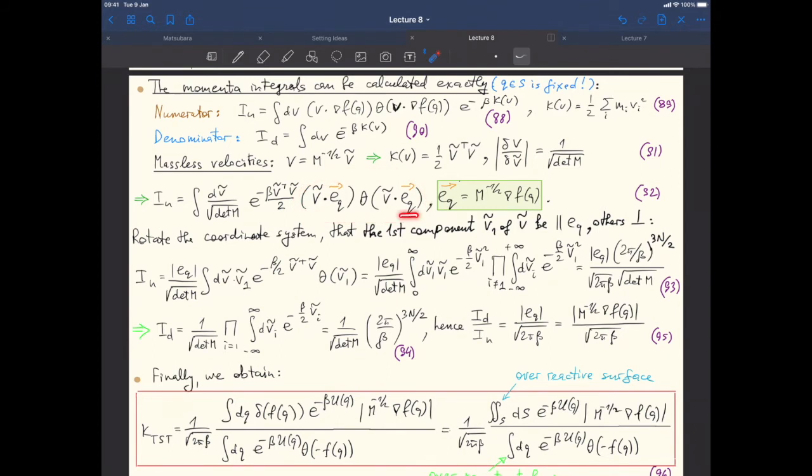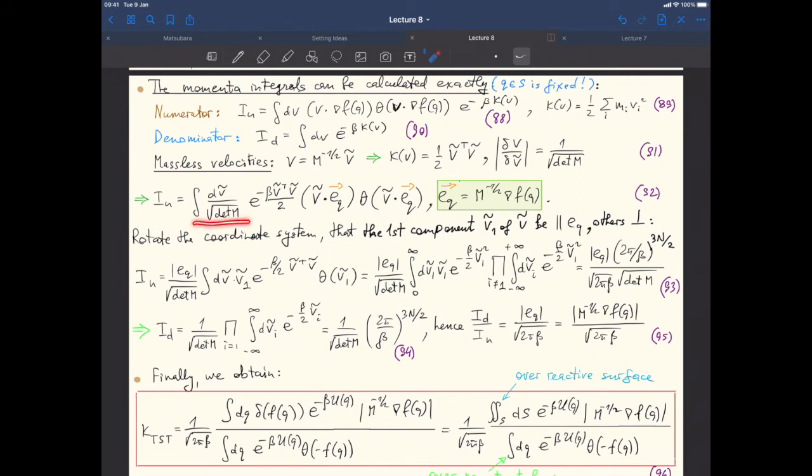So vector EQ for the given Q on the dividing surface is somewhat directed, not necessarily normal, because we have this prefactor here as well. But the first component of this new vector v tilde after rotation becomes parallel to this EQ.